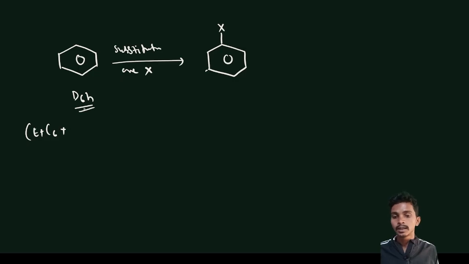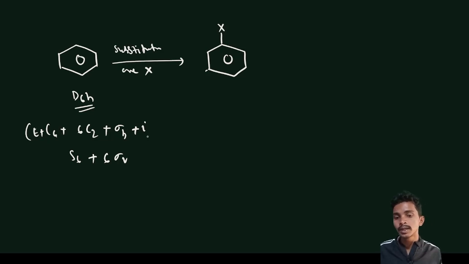E is there, C6 is there, and 6C2 perpendicular to C6 is there, and sigma H is there, and I is also there, then S6 is there, and also 6 sigma v is there. So the elements are C6, C2, sigma H, I, S6, sigma v. These are the basic symmetry elements in D6H.